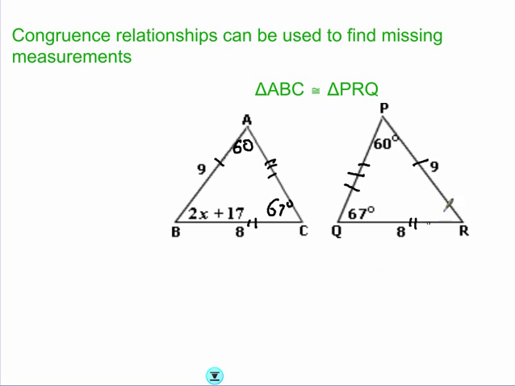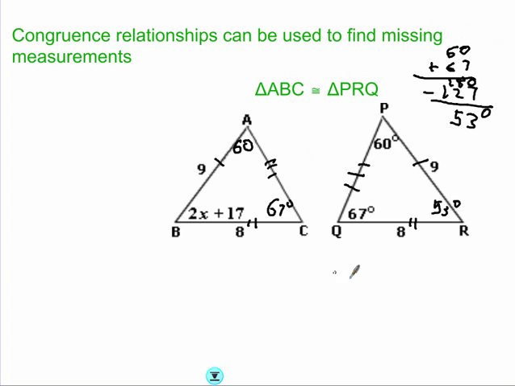Now I have to figure out what 2x plus 17 is. I can go over here and say 60 plus 67, that's 127. Then 180 minus 127, I get 53 degrees. So this is 53 degrees right here.